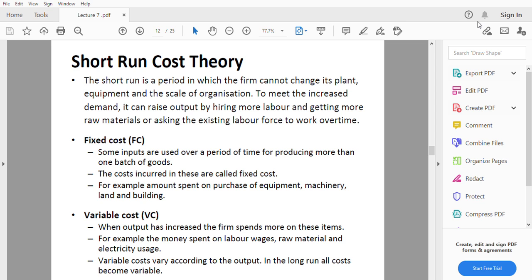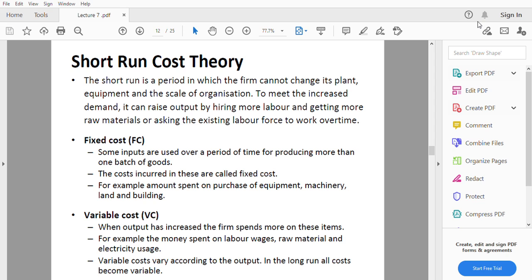And also in the short run, we have the variable cost. When output has increased, the firm spends more on these items. How? If you want to increase your production in the short run, you cannot buy an extra machine, so you have to buy more raw materials and produce more.